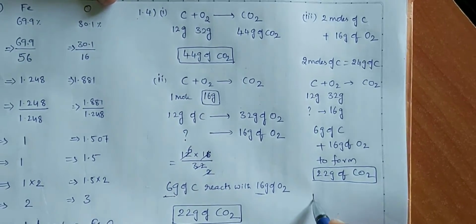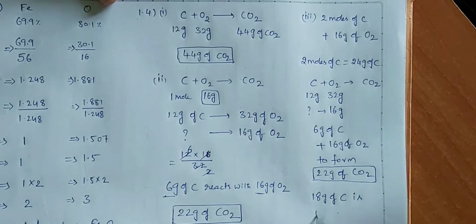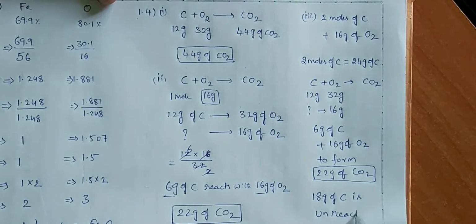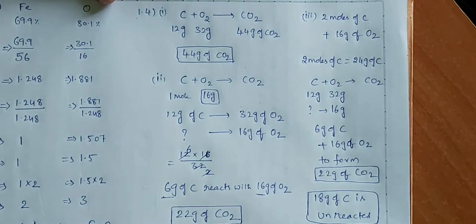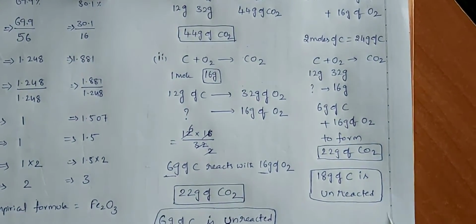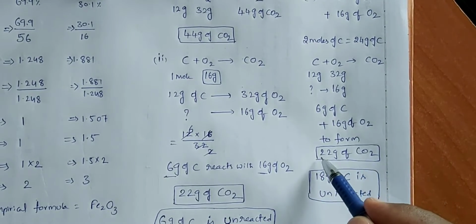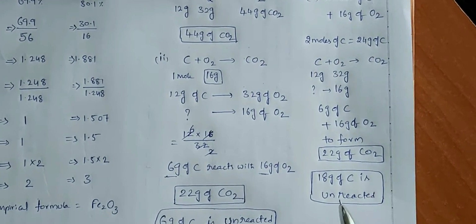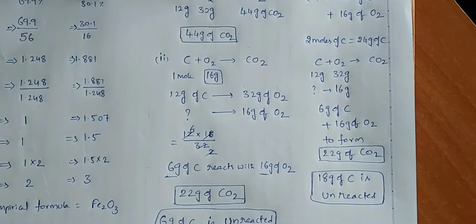Then the remaining 18 grams of carbon is unreacted. Out of 24 grams of carbon, 6 grams reacts with 16 grams of oxygen to form 22 grams of carbon dioxide. So we are left with 18 grams of unreacted carbon in the vessel.